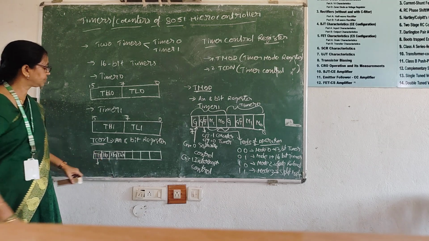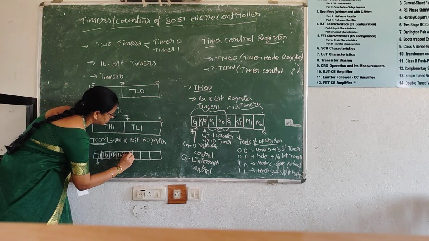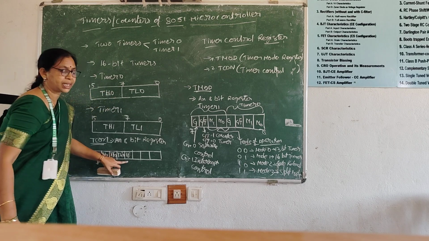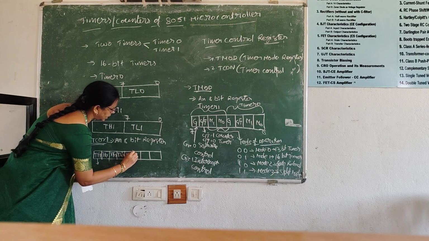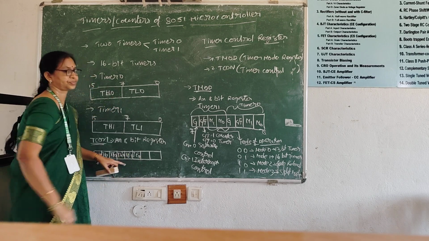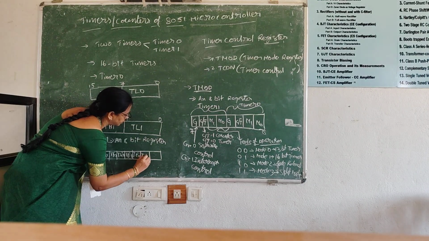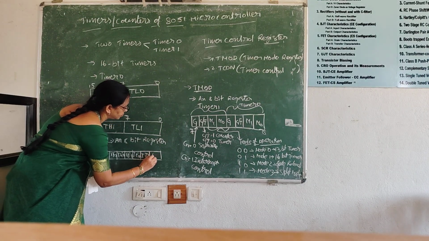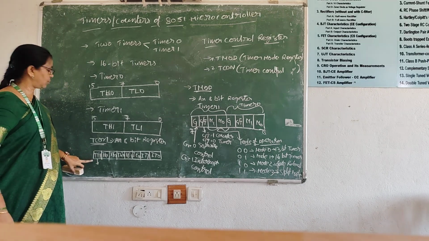Next bit TR0, timer 0 run. Next bit interrupt enable 1, interrupt enable 0. Then the interrupt type bits IT1 and IT0.